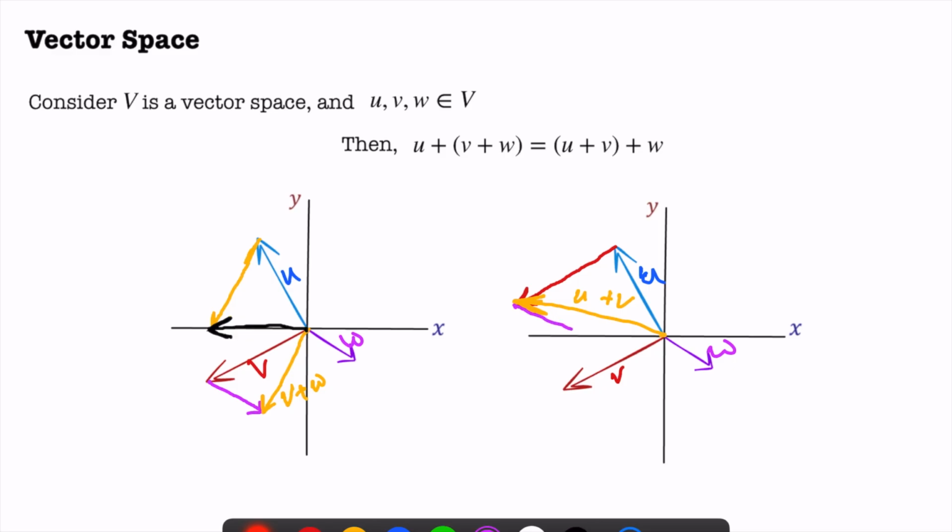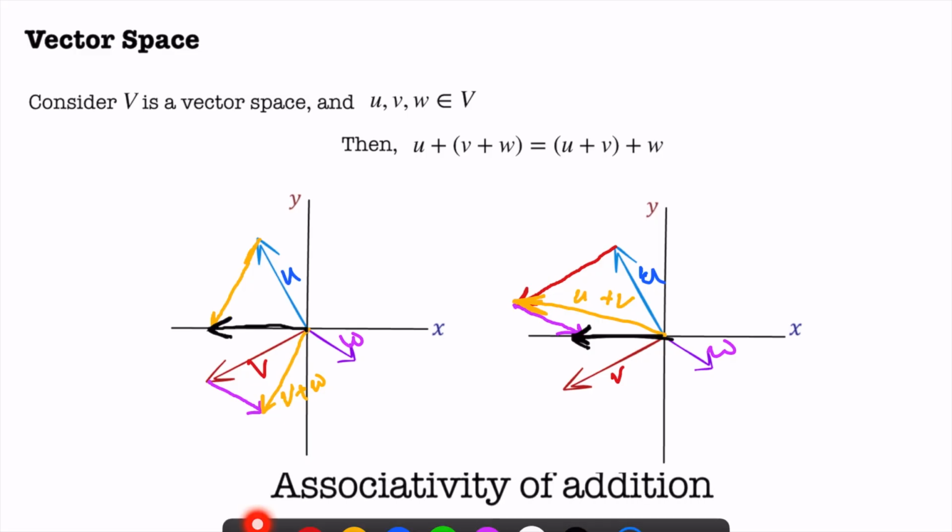So let's add w. Our resultant vector will be this one. And on the left hand side and right hand side, you see these two vectors should be the same. This is called associative nature of addition.